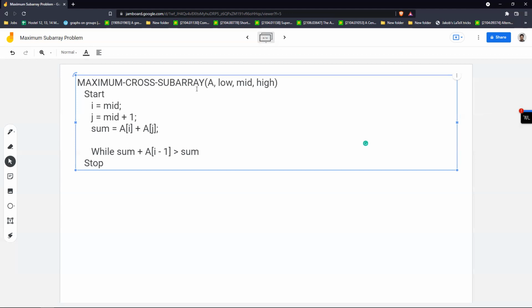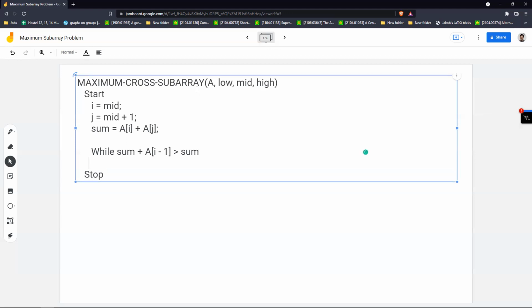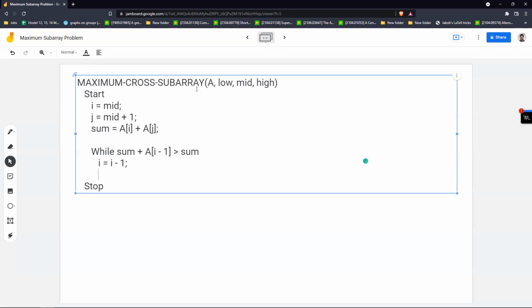I want to include that element, right? Then i is equal to i minus 1. Further, sum is equal to sum plus a of i minus 1. I have included that element.